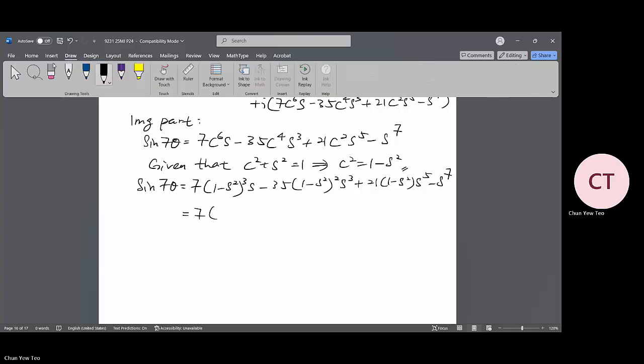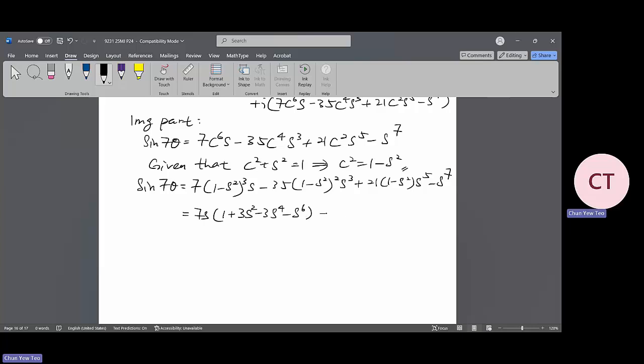So you get 7s. So you get 1 plus the 3s minus the 3s, this one is a square, plus the 3s power 4 minus the s power 6.